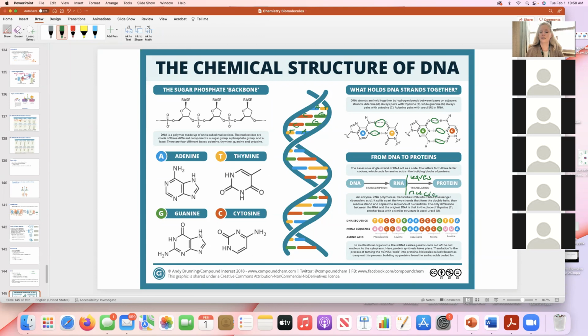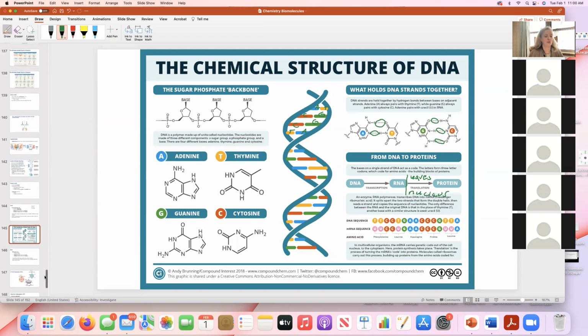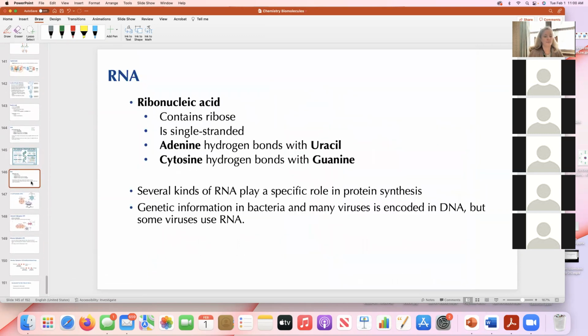This leaves the nucleus and goes out into the cytoplasm where it meets up with the ribosomes, and the ribosomes will read the secret code and bring transfer RNA over to translate the secret message here into proteins, okay? All right, we'll keep trying to put it together more and more.